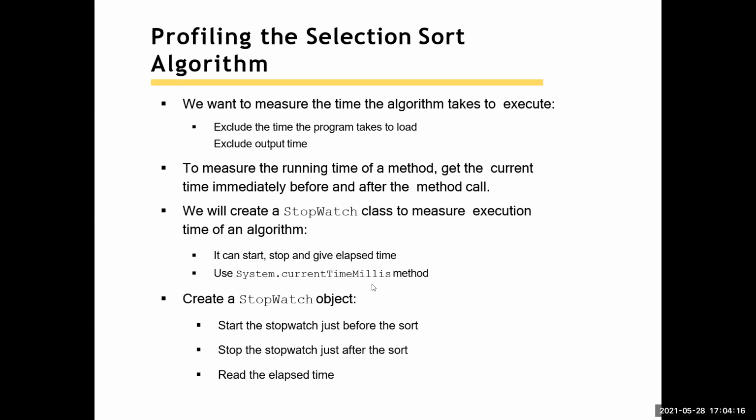So we have something called current time in milliseconds that we can call, and then we can use these things to start it, stop it, and then we have the starting time, ending time, and then we can deduct it and find how long it took. Then we can compare that to another algorithm and figure out how that's going to work.